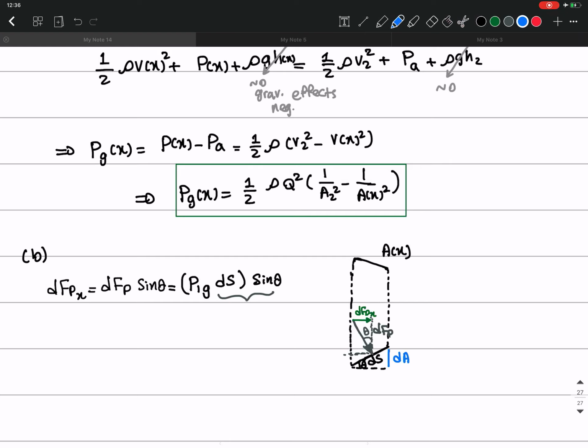This is how much A is going to grow if we go this way, right? This is delta A. This is how much A has increased as you go from right to left. So I can just write this ds sine theta, as you see here, is just that area, which is dA. Okay. So this is how I can write it again.